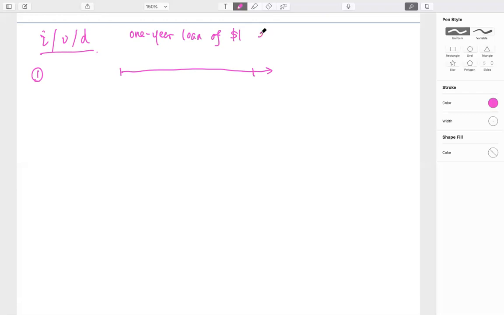And the interest rate is i% per annum, so it's an annual interest rate. Here is time 0. Here is time 1. I borrow $1 at time 0. According to this setup, how much do I need to pay back at time 1, in 1 year?